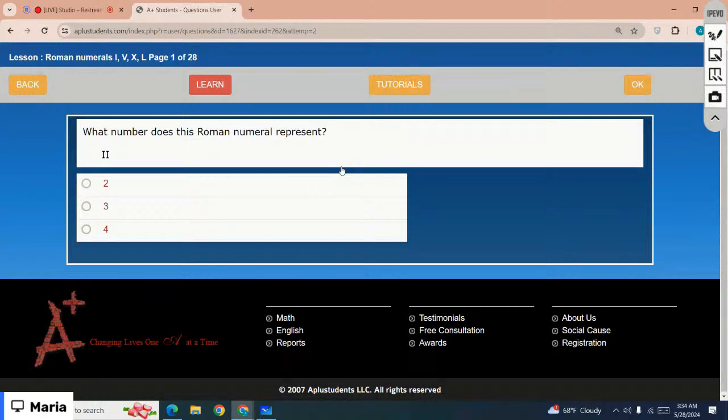What number does the Roman numeral represent? Which number is it? That is 2. The correct option is 2.